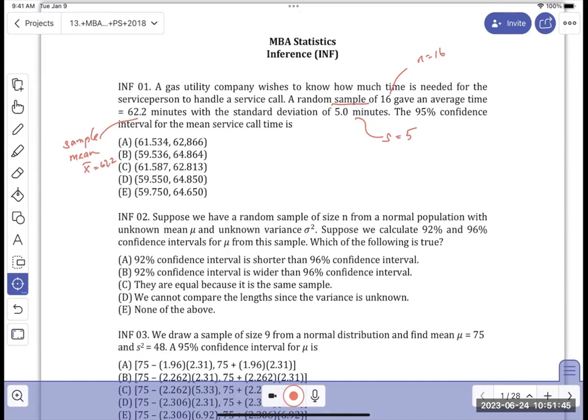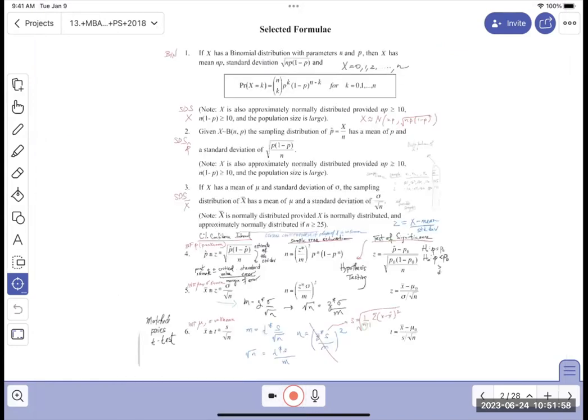Do I have any other information? All I have is a sample. When all I have is a sample, I go here.